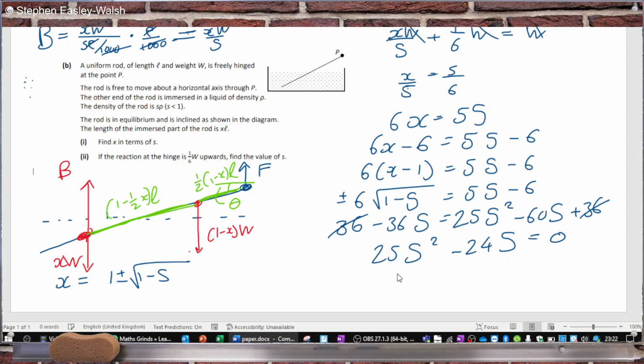And S can't be 0. So you get 25S minus 24 equals 0. So S equals 24 over 25, which is 0.96. I guess that's okay. Hopefully I didn't make a mistake there getting the S, but do let me know in the comments and I'll fix it.